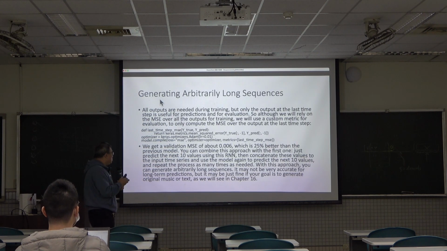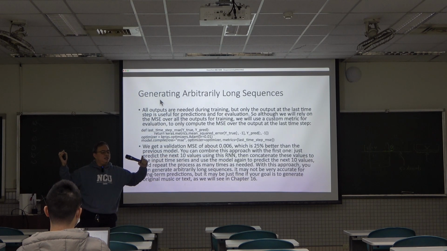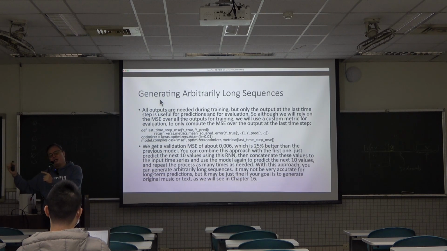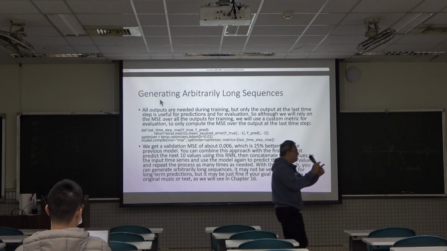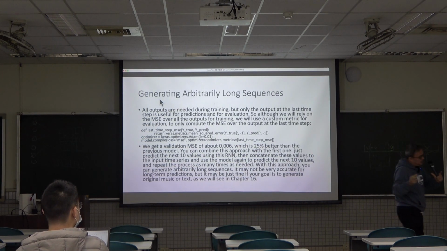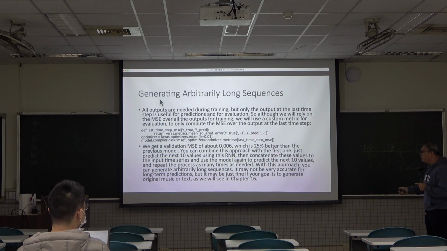Then what you do is you use this one to predict the next 10 values, and then use this sequence to predict the next 10 values, and so on. So you can apply this 5 times to predict the next 50 values. So it's sort of combining the first approach and the second approach.